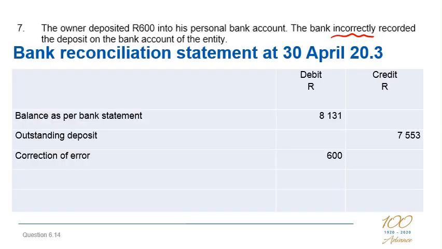So I go to my bank reconciliation statement, and this was a deposit. The bank erroneously put this deposit in on the credit side, so they added it on the credit side. What do I do with the credit to get rid of it? I will have to debit, and you just tell them this is the correction of an error.